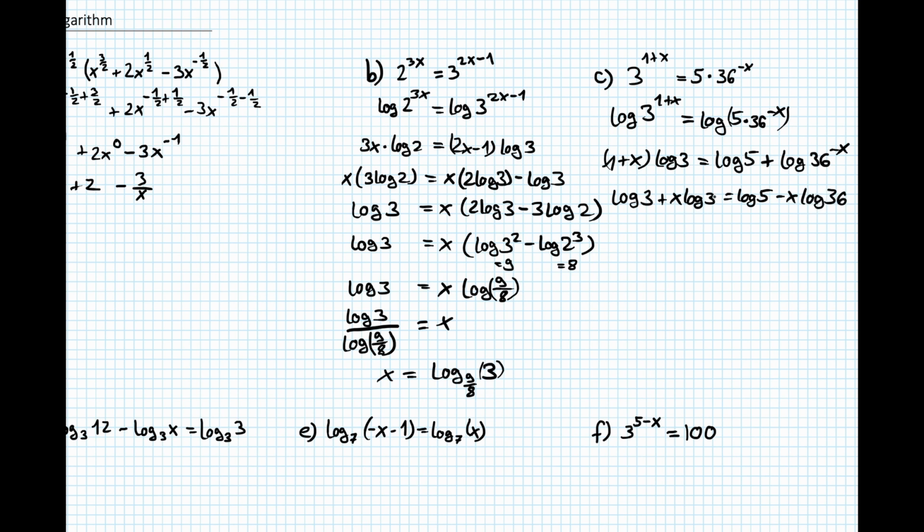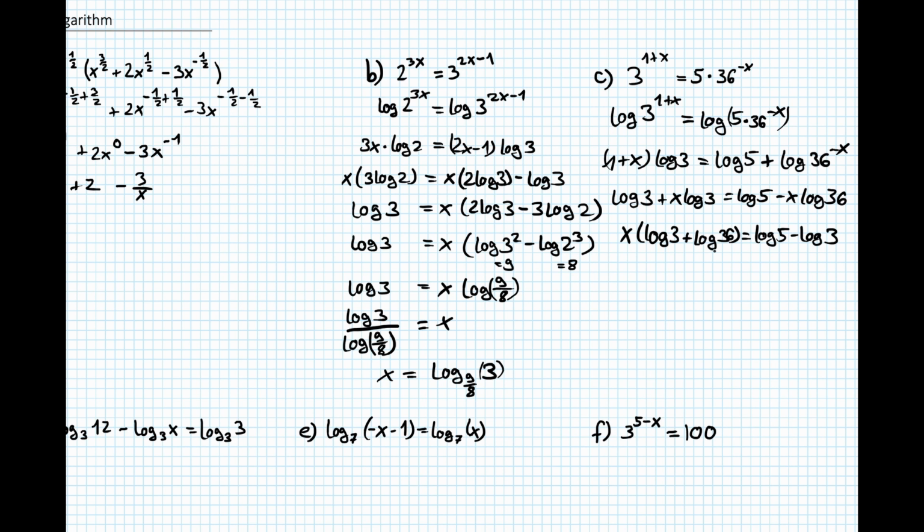Okay, now we will put both the x's on one side again. So that's x times log 3 plus log 36 equal to log 5 minus log 3.